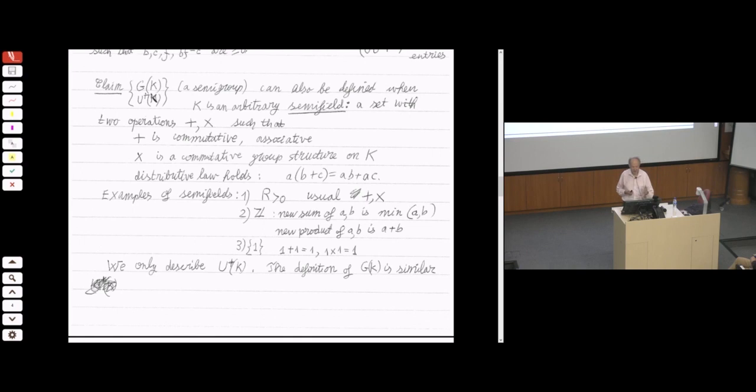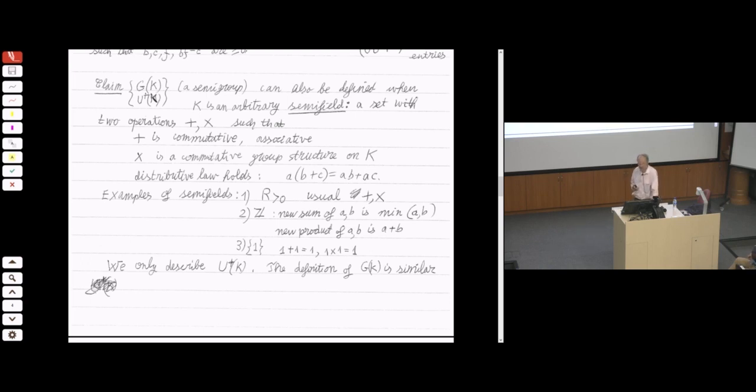Okay, but now I claim that this G of you can replace positive real numbers by something more general, which is called a semifield. So a semifield is a set with two operations, addition and multiplication. Addition is commutative, associative.